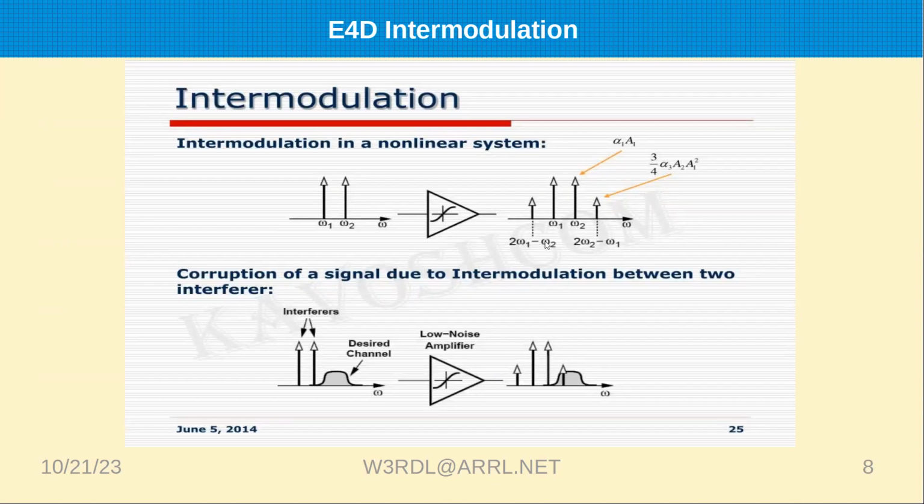So you've got 2ω1 minus ω2, or 2ω2 minus ω1, and these are omegas, not W's. So this is important when we look at some of the stuff coming up, to remember it's 2ω1 minus ω2, or you could say it's 2F1 minus F2, and 2F2 minus F1.